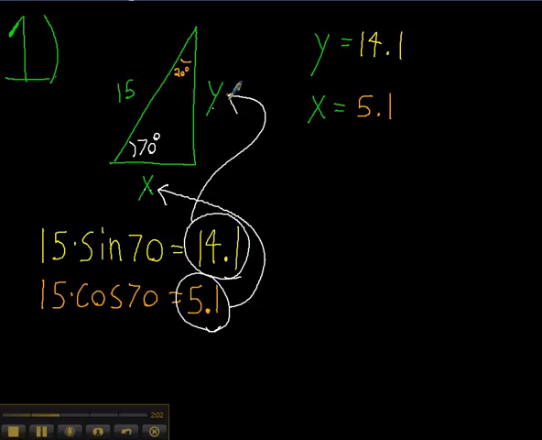So what this is really saying is if I were to walk 5.1 miles east and then 14.1 miles north, then the distance I am from where I started to where I finished, if I were to draw a line from, let's say you started at point A, and then you walked to point B, and then you walked to point C, and I want to know, how far is it just straight from A to C?